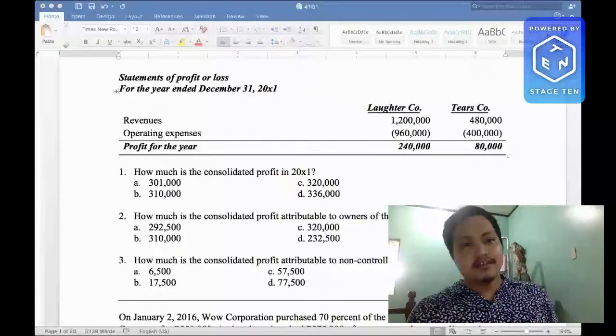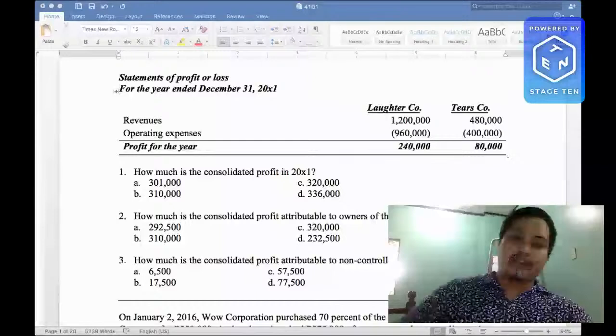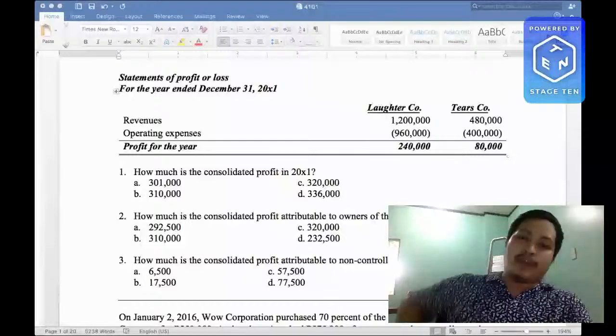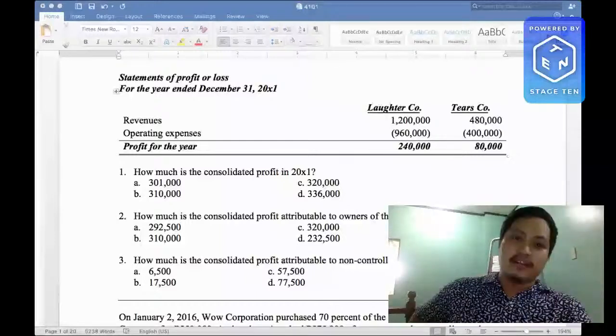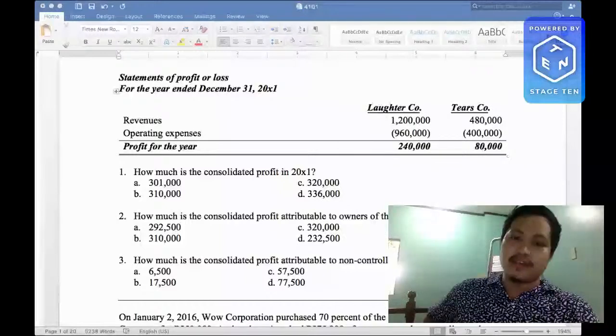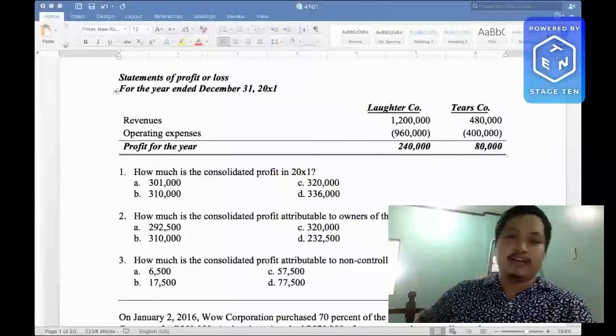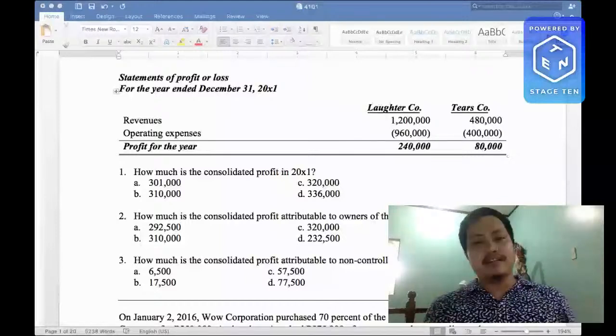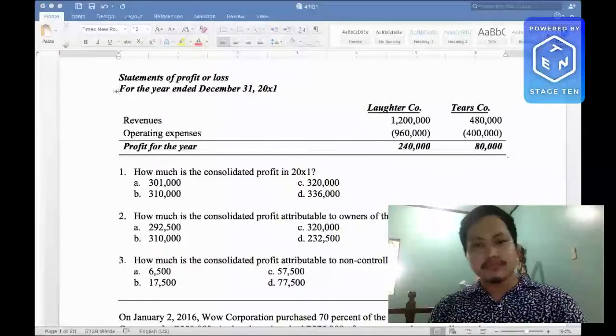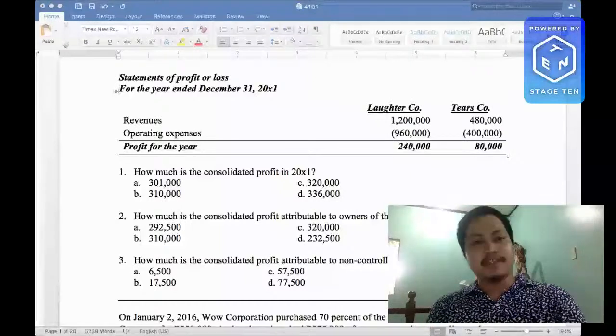Again, because the consolidated entity believes that the operating expenses is understated by 10,000, then it will follow that in the eyes of the consolidated entity, the profit of the subsidiary is overstated by 10,000. And that is the adjustment that we would need. So if you ask the consolidated entity how much then is the profit of the subsidiary, it should only be 70,000.